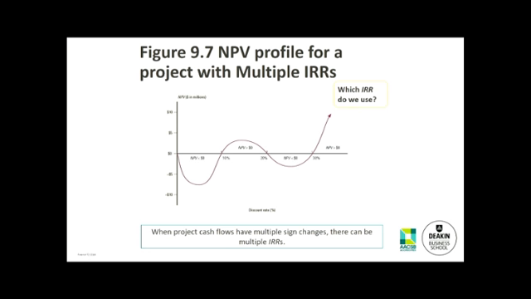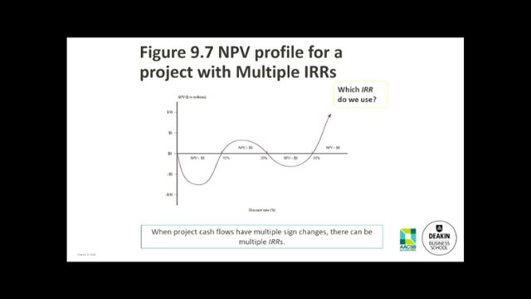There is one sign change from negative to positive. Second year cash flow, $2, no sign change, positive to positive. Third year cash flow, $3, no sign change. That's it. If this is the case, it is a conventional cash flow and you will only have one internal rate of return because you will only have one sign change.